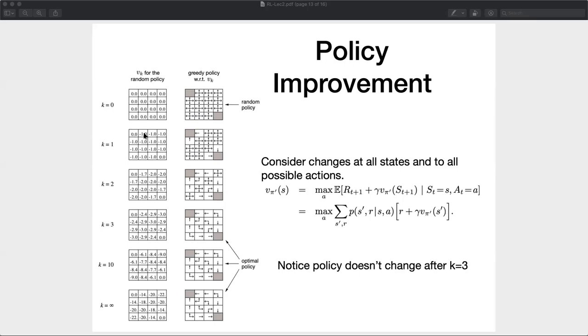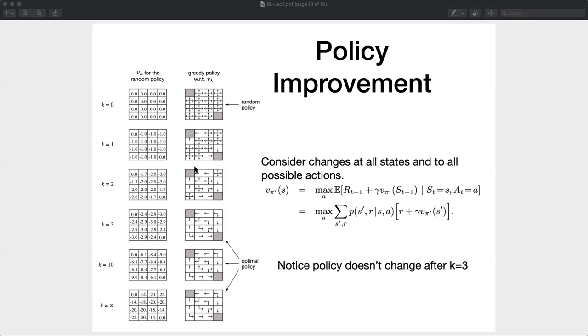So no longer are all actions equally good. Clearly, making the transition from here to here is better. So this policy has been updated. For the states here and here, the best place to move is to this terminal state. For all these other ones, it's equally likely, since no one state is better than the other.